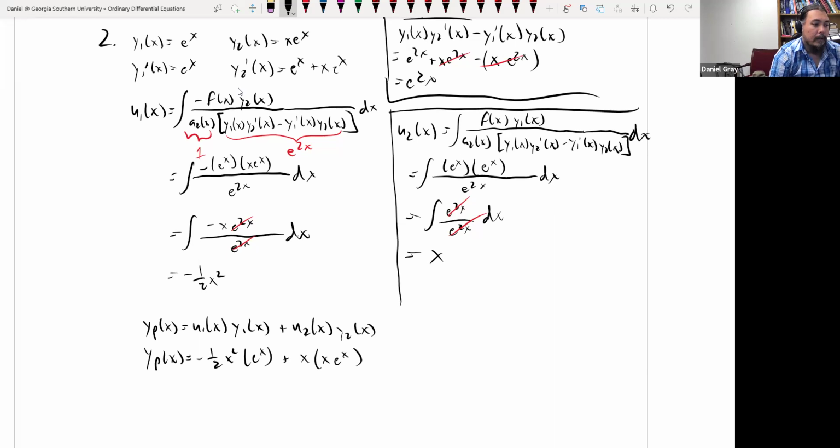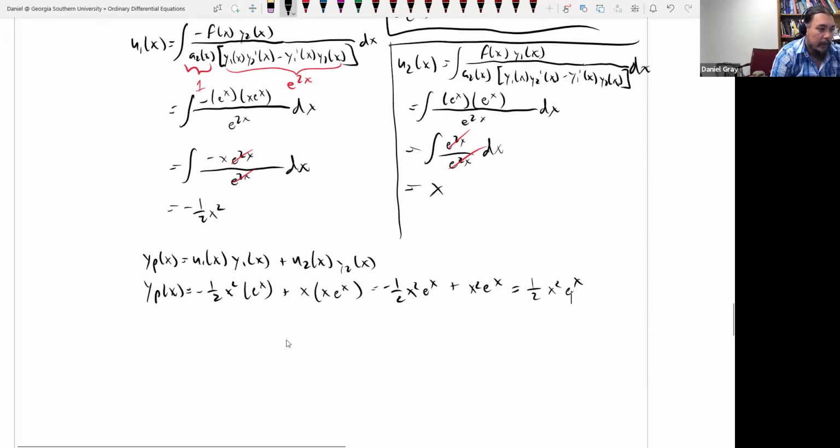And then now we simplify. So this is going to be a negative 1/2 x squared e to the x plus an x squared e to the x, which is just going to give me a positive 1/2 x squared e to the x. Okay, so that's my particular solution.